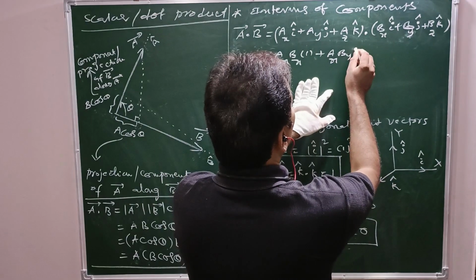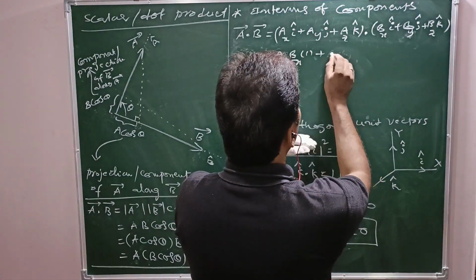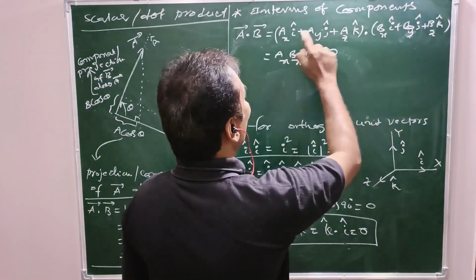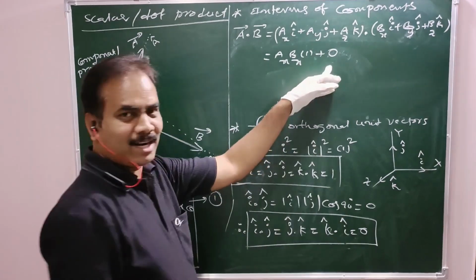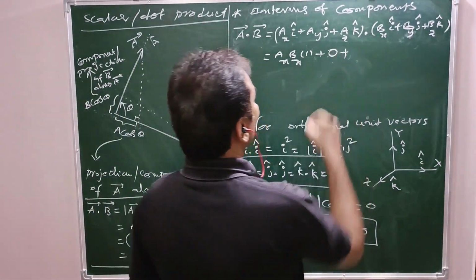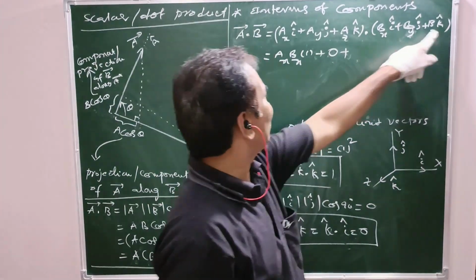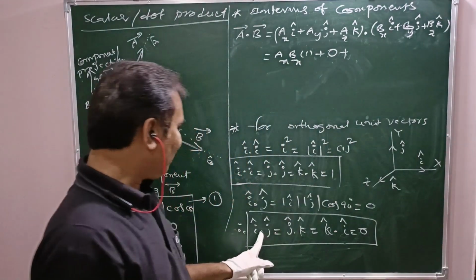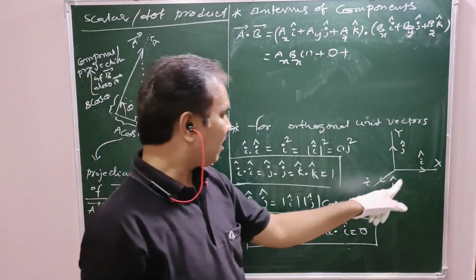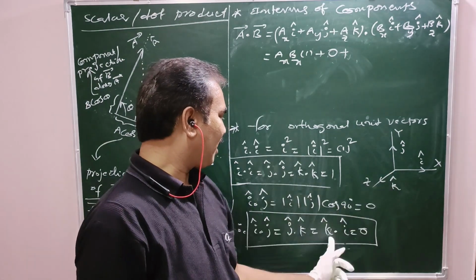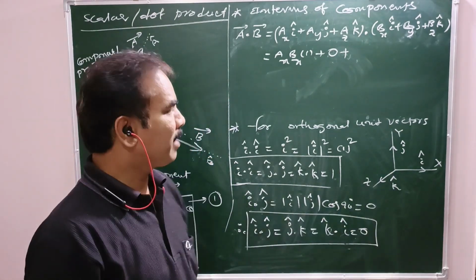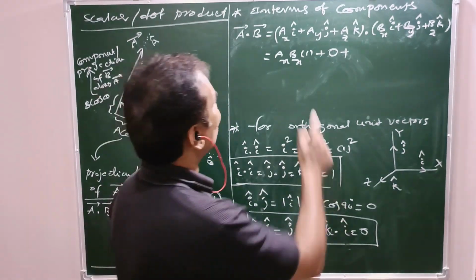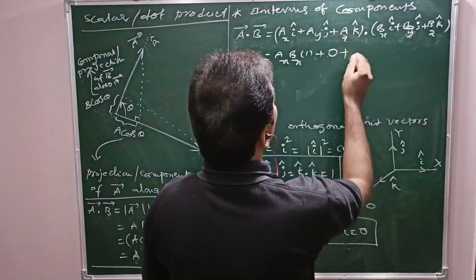So ax by into 0 means 0, no need to write the second term. Once again, first term into third term, that is ax bz into i dot k. i dot k or k dot i, whatever it is, 0. Why? Because what is the angle between i and k? 90 degrees, which means the dot product vanishes. So first term into third term is also 0.